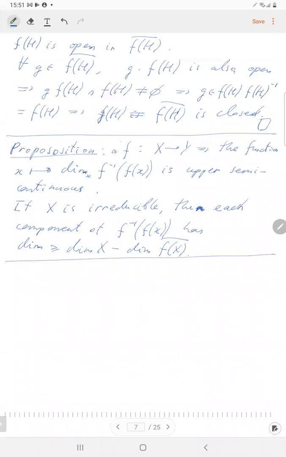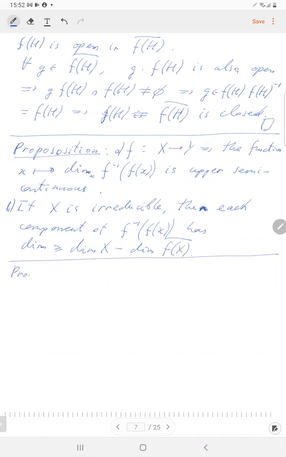Okay, so maybe let's prove B first. Again, it's local, so we may assume that Y, the closure of the image of X, is affine.